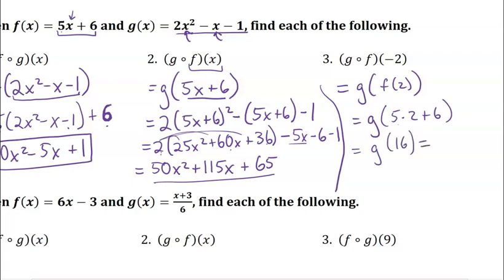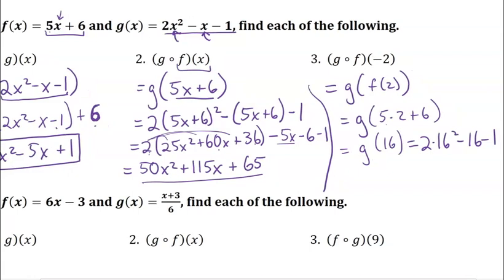And then that's going to be equal to 2 times 16 squared minus 16 minus 1, which is 256 doubled, 250 doubled would be 500, so 512 minus 17 is going to be equal to, take 12 off, 500 minus 5, so 495, okay?